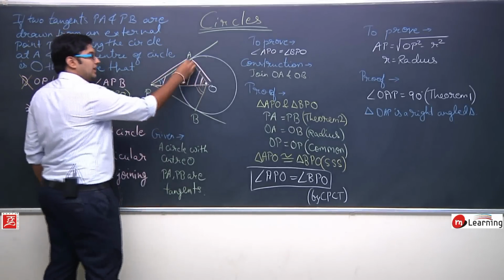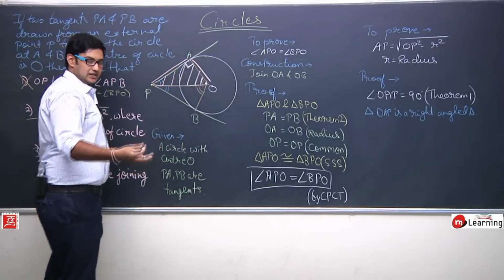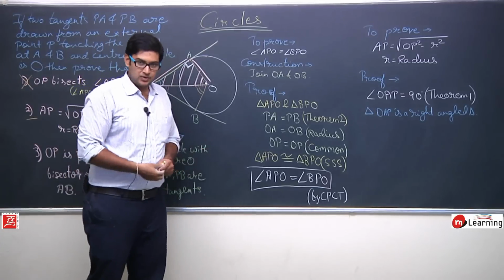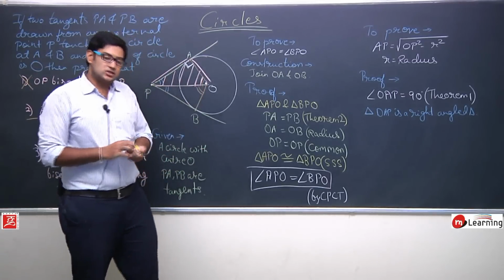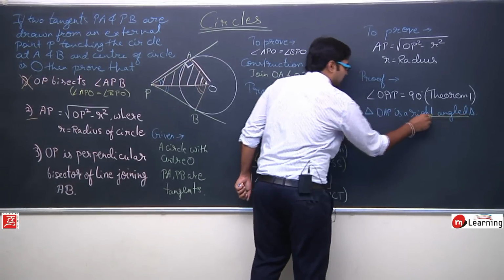OA can be the base or perpendicular, and AP is also one of the sides, the base or perpendicular. So I can apply the Pythagoras theorem in this triangle because it is a right angled triangle.